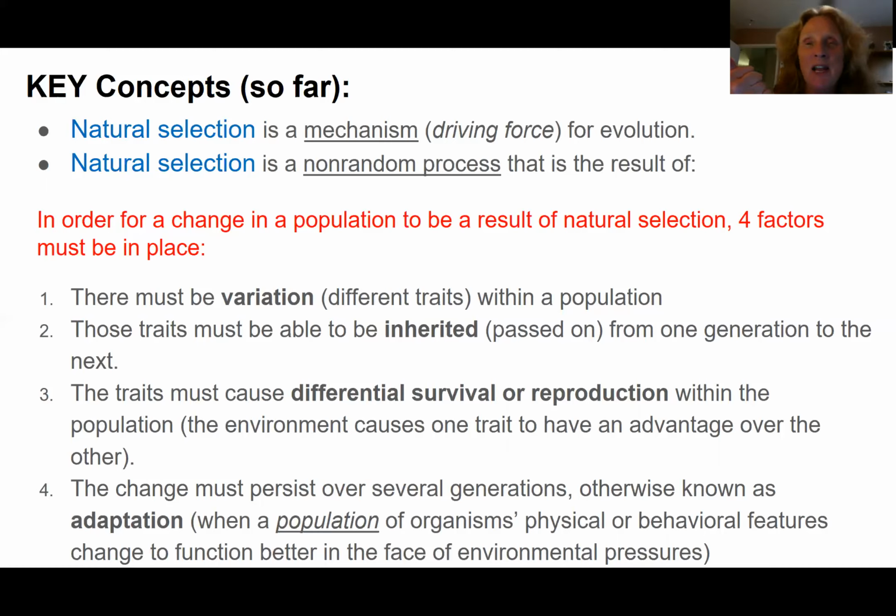There must be variation, in other words, different traits within a population. Those traits must be able to be inherited, in other words, passed on from one generation to the next. Those traits must cause differential survival or reproduction within that population. In other words, the environment causes one trait to have an advantage over another. And then finally, the fourth condition is that the change must persist over several generations.